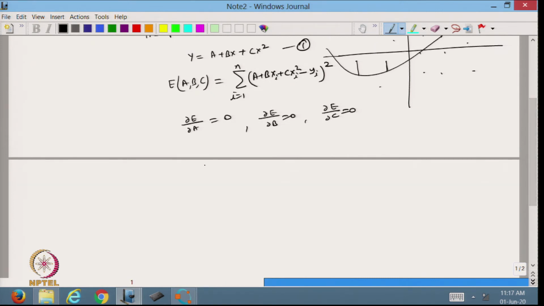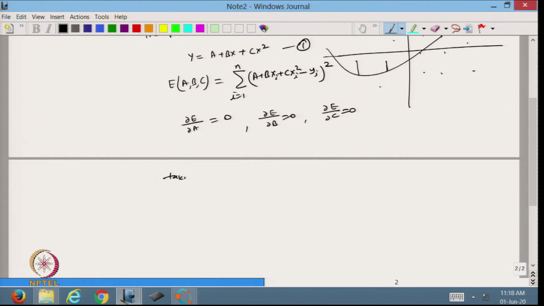But I can write the normal equations directly also. From equation number 1, taking summation over x and y, I get summation yi equal to A n plus B summation xi plus C summation xi square, with i moving from 1 to n.